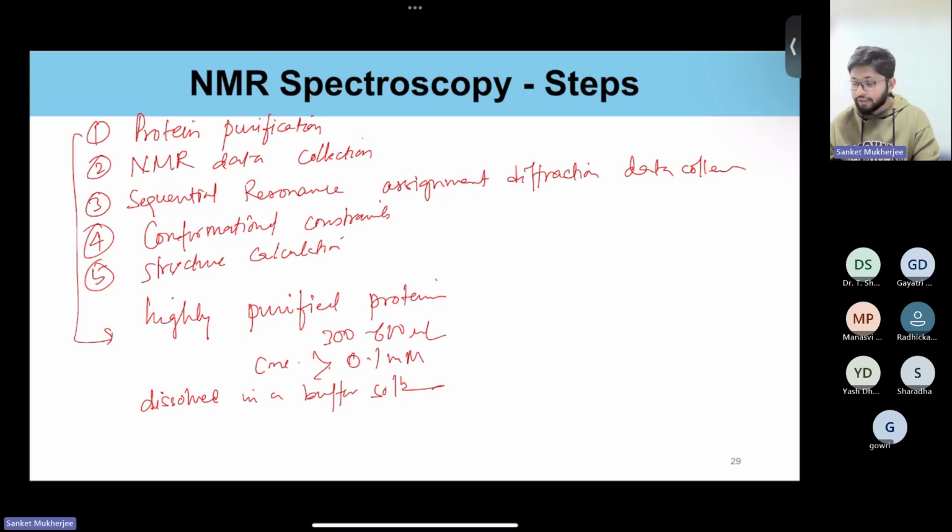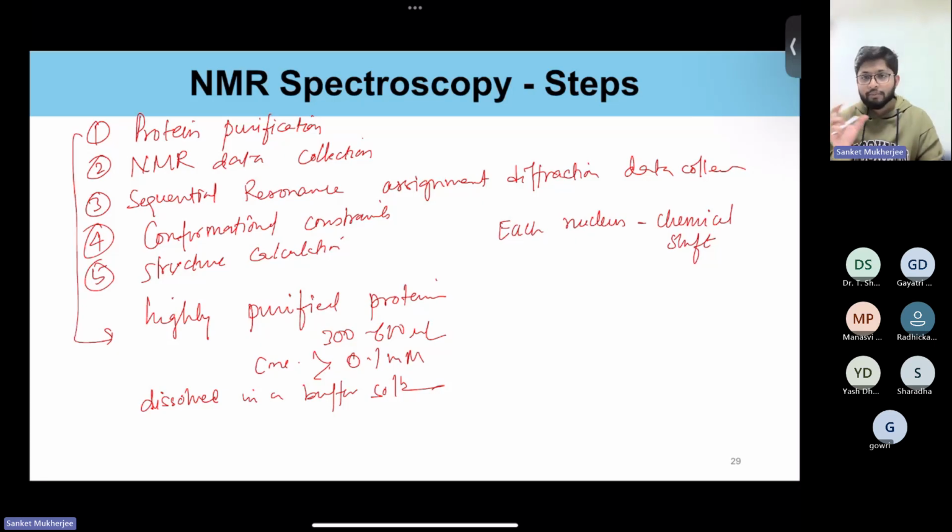Now, each distinct nucleus produces a chemical shift by which it can be recognized. So based on this magnetic resonance, there's a shift which we already saw in the video as well.